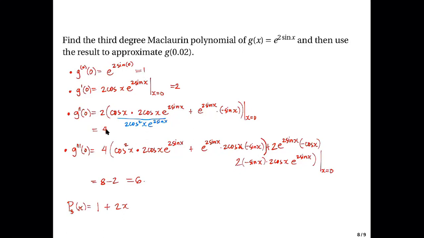And then in here, plus you have 4 over 2 factorial x squared, plus you have this 6 over 3 factorial x cubed.